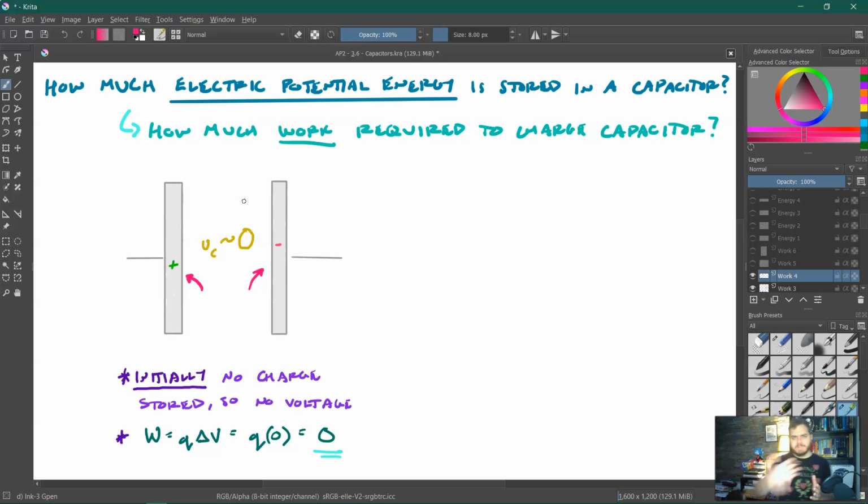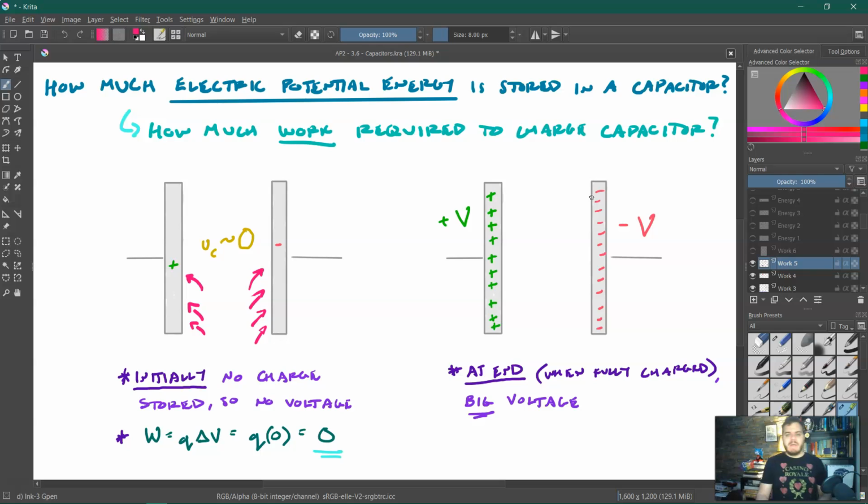But over time, we're going to start putting more and more charges on this, more positive charges on the left plate, more negative charges on the right plate, and it's going to start becoming harder and harder to put charges there because we're basically pushing charges towards other like charges. So at the very end, I now have some voltage difference, delta V, between the plates.